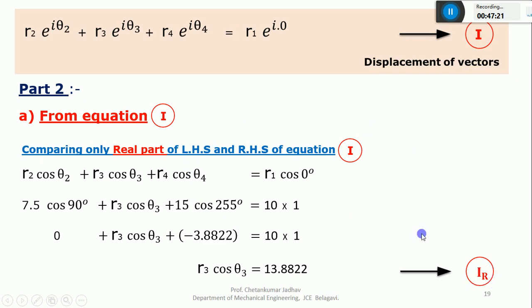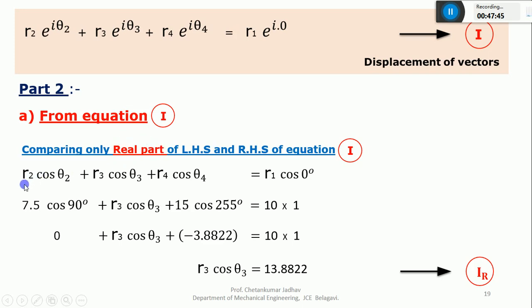In the next slide, only compare the imaginary part of this one, this one, this one with respect to the RHS. When you simplify, you will get both the real part as well as the imaginary part. In a similar manner, whatever you have followed here, just replace the real part with the imaginary part.